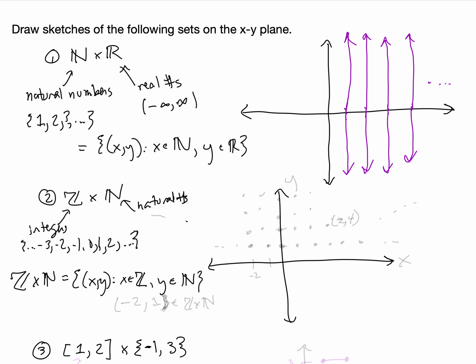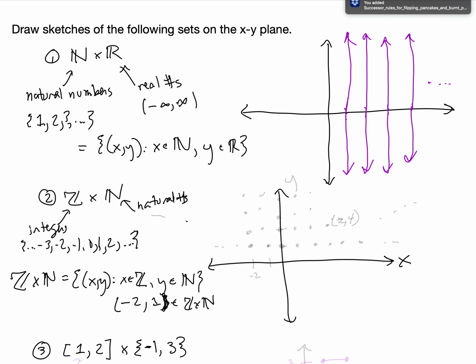So what elements are in that set? So for example, x is -2, y equals 1 would be an element of Z cross N, because -2 is in the integers, 1 is in the natural numbers.